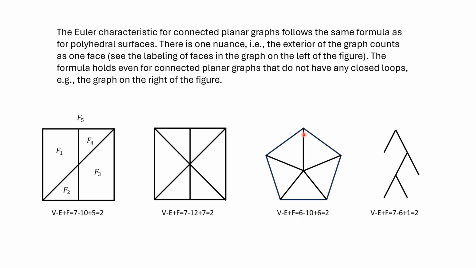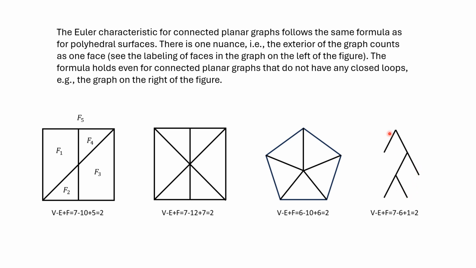Number of edges, 5 on the exterior and 5 inside, so that's 10. Number of faces, 1, 2, 3, 4, 5, and then again we had to count the exterior. That gives us 6, so we get 6 minus 10 plus 6, and that's 12 minus 10. That gives us 2.